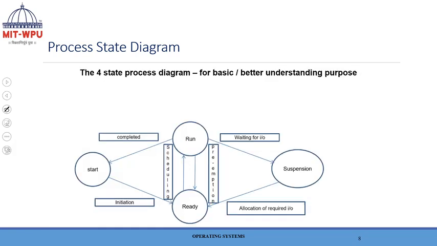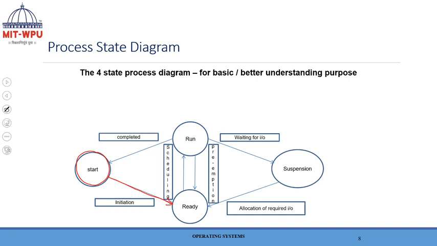Let's proceed with the 4 state process diagram for better understanding. The initial process, newborn process, that is into ready state, that means you can call it as a start state. When that process moves from secondary storage and gets into main memory with the help of initialization operation, then that process moves into ready state.